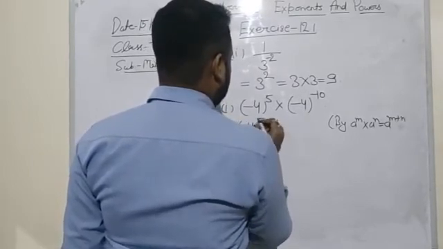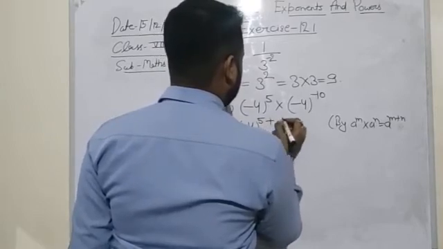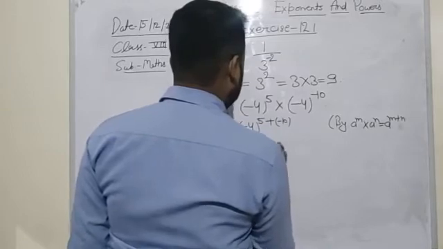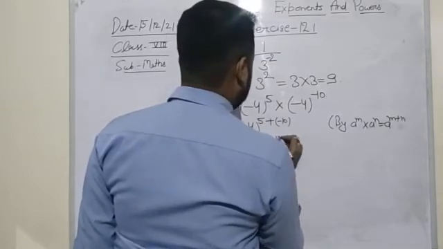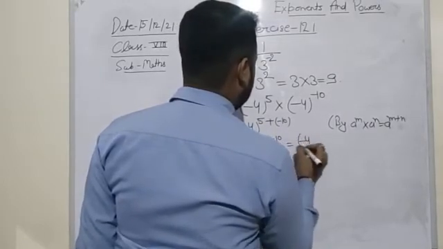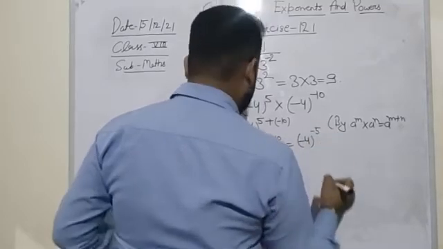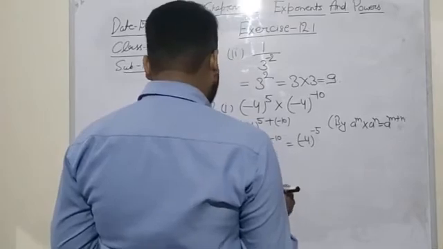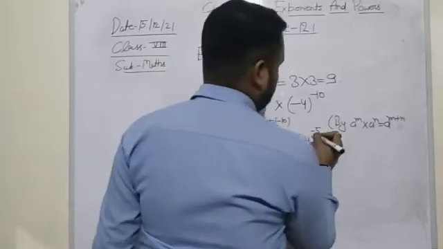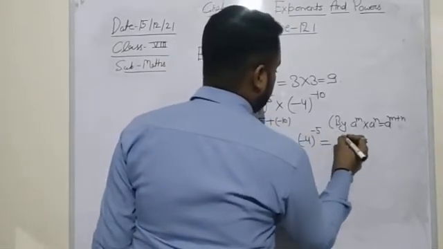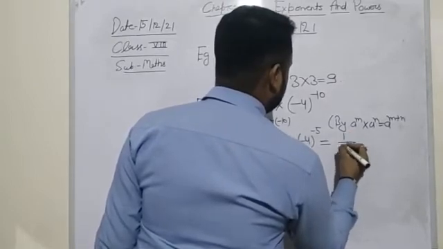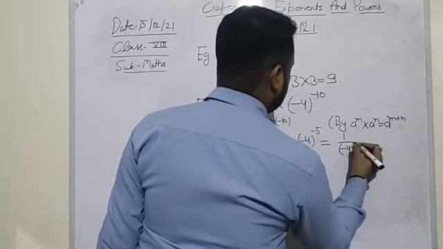Minus 4 to the power 5 plus minus 10, that is minus 4 to the power 5 minus 10, that is minus 4 to the power minus 5. As the power is negative, we have to write its reciprocal: 1 by minus 4 to the power 5.